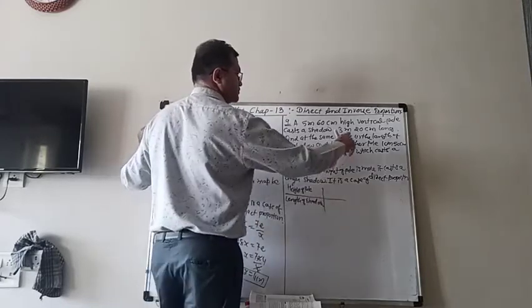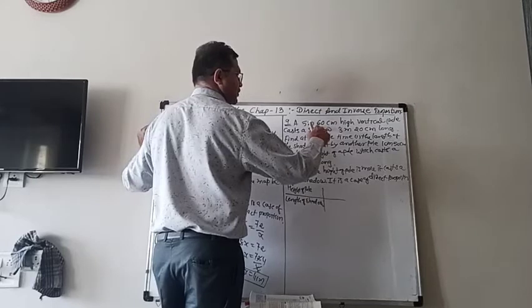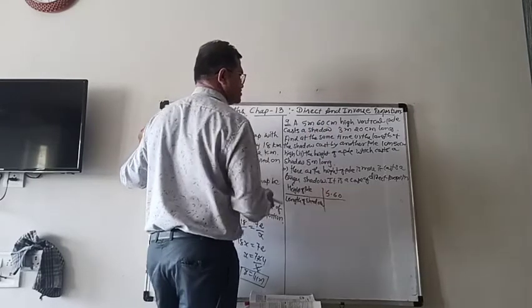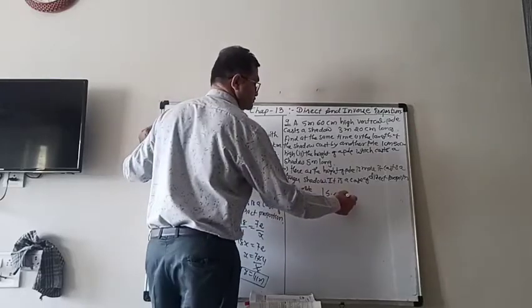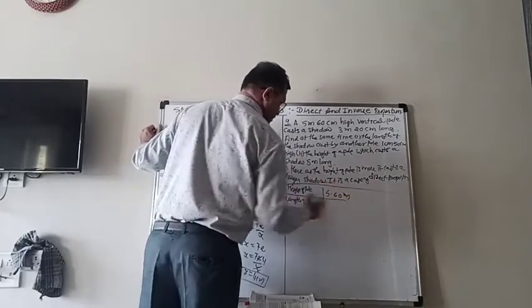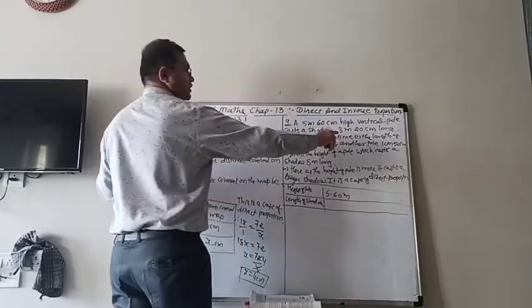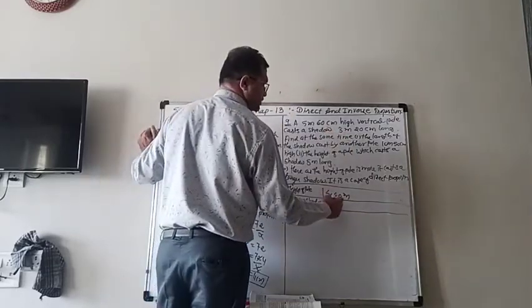First we saw that when the height of pole is 5 meter 60 centimeter, means 5.60 meter, the length of the shadow is 3.20 meter.